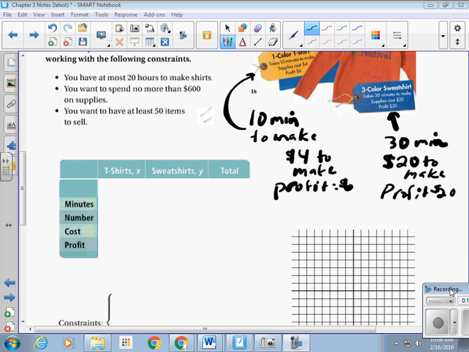Okay, so for my t-shirts, we're going to let X equal our t-shirts. So the number of minutes it's going to take to make X amount of shirts is going to be 10X. So with 10X, how long is it going to take us to make our sweatshirts?